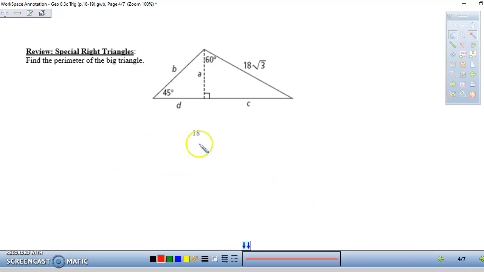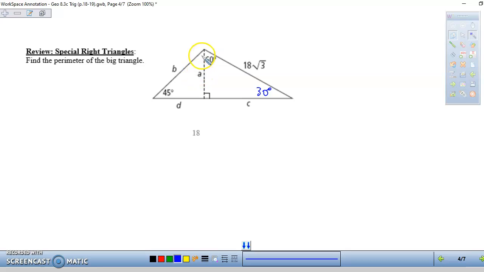All right, since we have a couple of minutes, some more special right triangles. So find the perimeter of the big triangle. First of all, whenever you are doing a special right triangle problem, I do want you to use radicals and not trigonometry. Okay, so we're going to start with the short side.